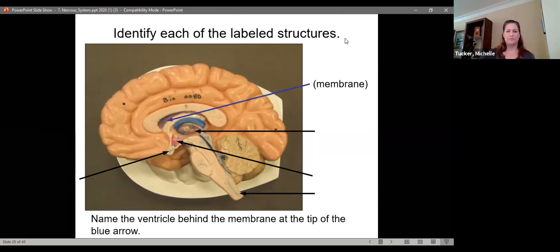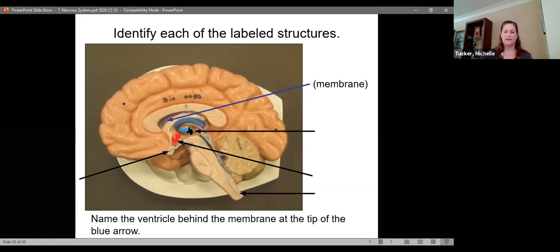So if you will go ahead and put a heart on the hypothalamus. Started with a hard one. Yep, very good. Okay. An arrow on the thalamus. And one thing I have not mentioned yet is this little structure here is called a thalamic adhesion or a thalamic inclusion.